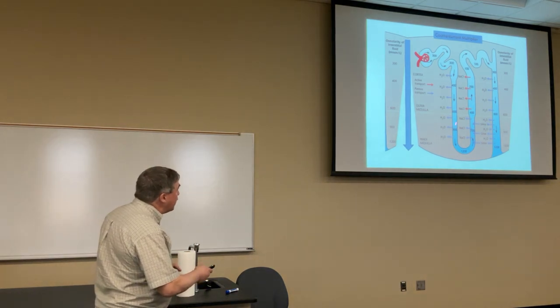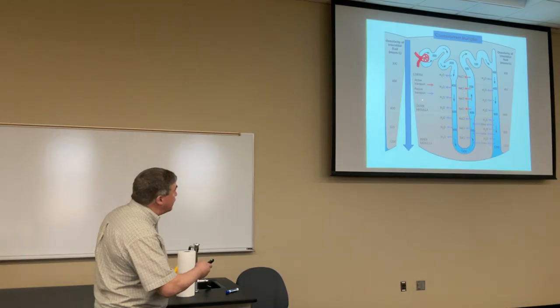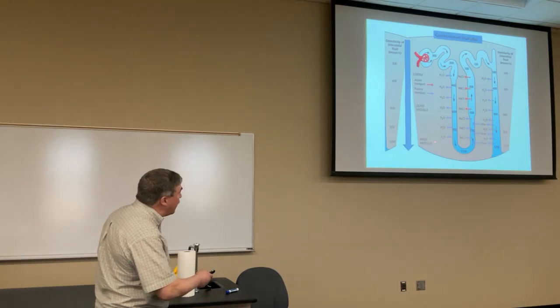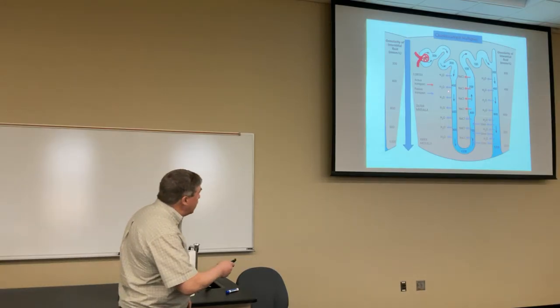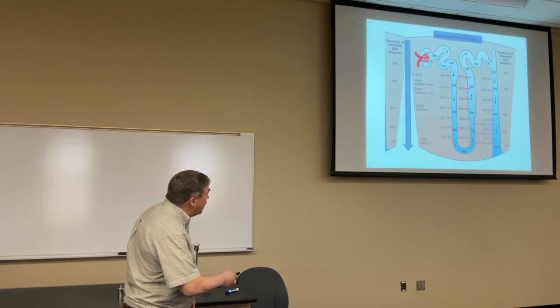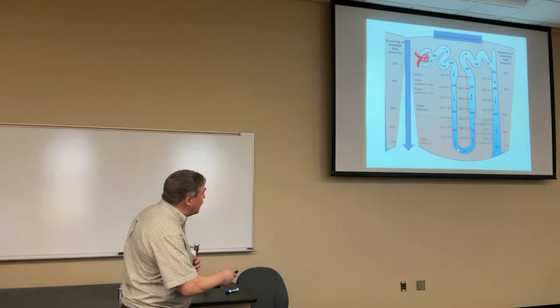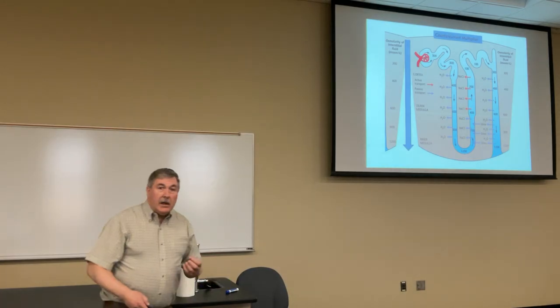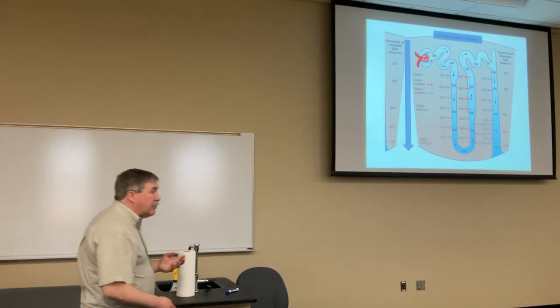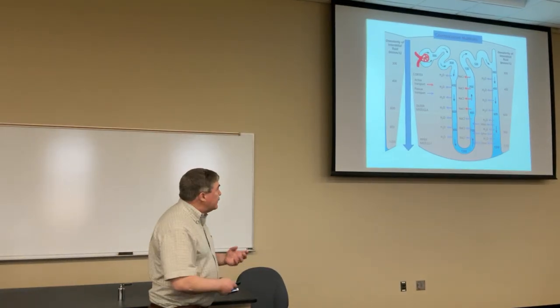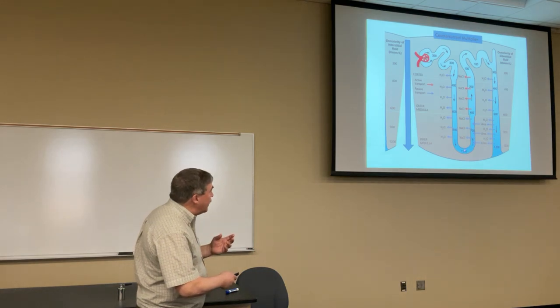By the time the filtrate gets down to this hairpin turn, it has been concentrated because you've already had a lot of reabsorption of additional water in the descending limb. So by the time you get down to the deepest part of the medulla, the filtrate has an osmolarity of about 1,200 milliosmoles per liter. So it's about 4 times more concentrated.